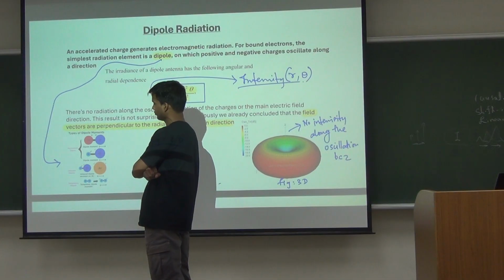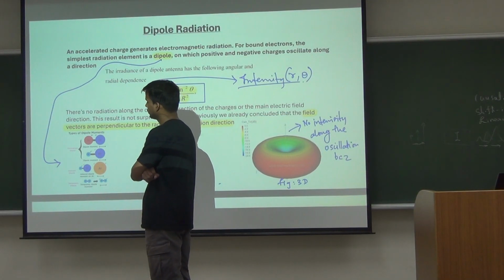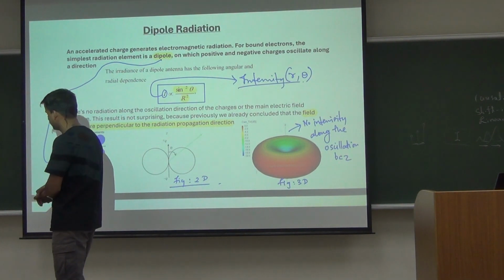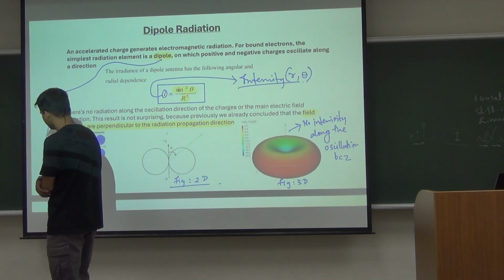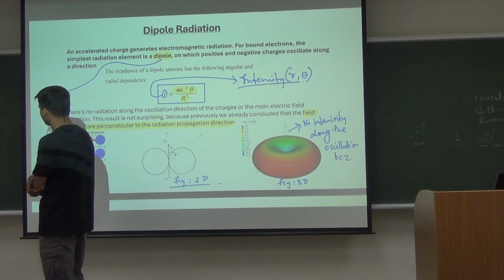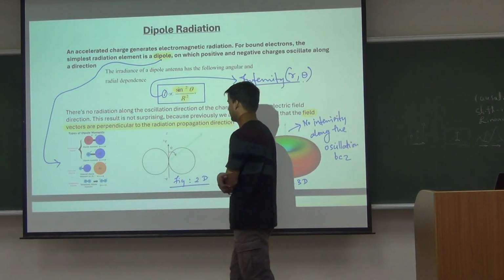But along this direction, the only component of the electric field is along this direction, so you cannot have radiation. But along this direction, all the field components can produce radiation, so you get the strongest radiation. All right, so this is the explanation.